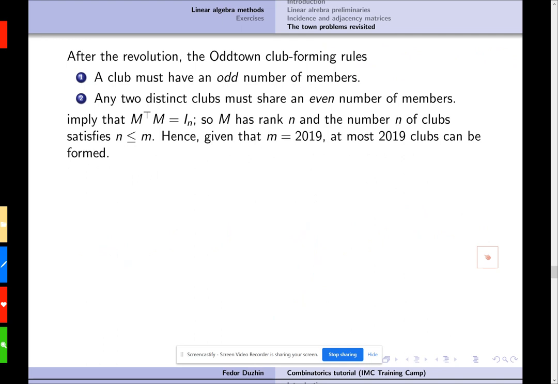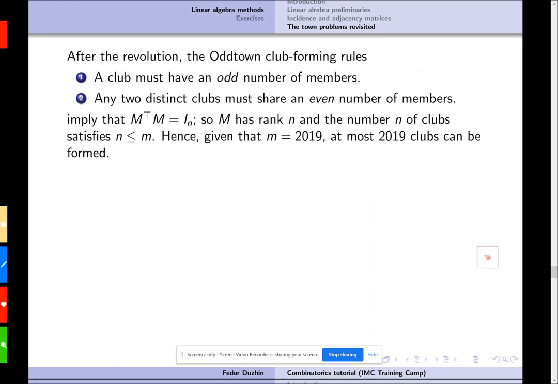But look now at the Oddtown problem. Under the Oddtown rules, a club must have an odd number of members, and any two distinct clubs must share an even number of members, right? By very similar logic, these rules imply that the block intersection matrix is just the identity matrix, right?